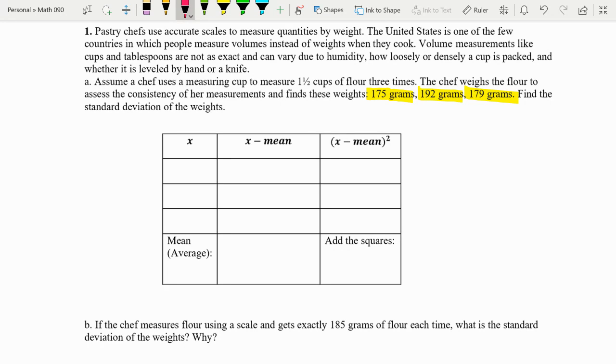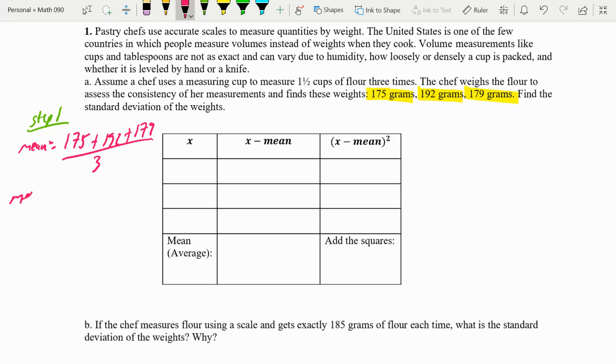Okay. So remember step one. Step one is to find the average or the mean. So the mean, remember you add all the numbers together. So 175 plus 192 plus 179, all of that divided by, there's 3 numbers, so we're dividing by 3.